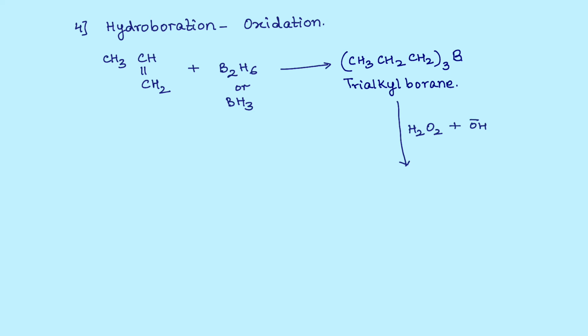Now the product which is formed is oxidized with hydrogen peroxide in the presence of an alkali. Hence the name of this reaction is hydroboration oxidation. Now oxidation of this gives us CH3, CH2, CH2OH.